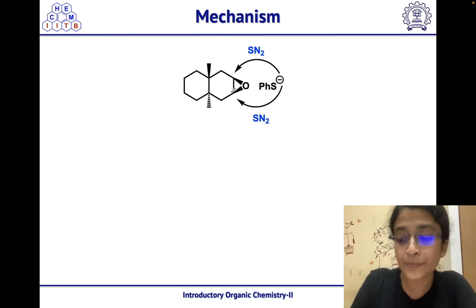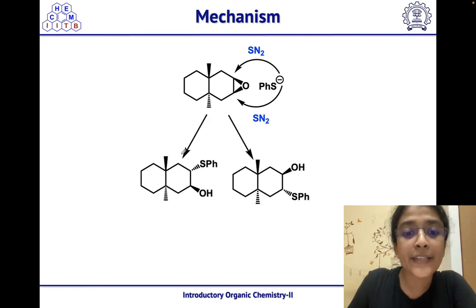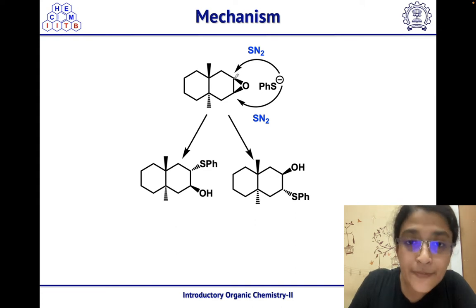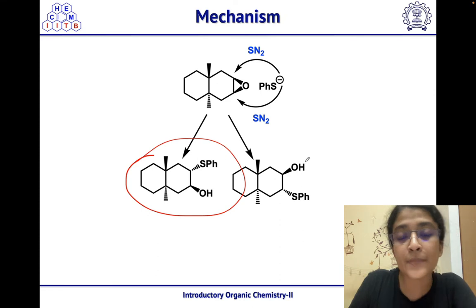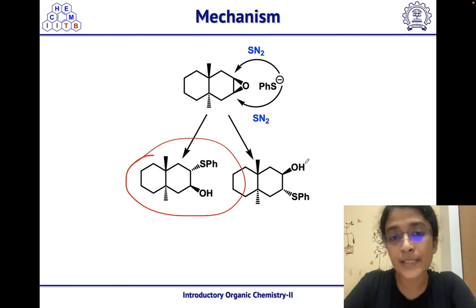Once this SN2 reaction takes place, it will give either of these two products. If attack takes place from this side, it leads to this product, and if attack takes place from this side, it leads to this product. Is this clear?